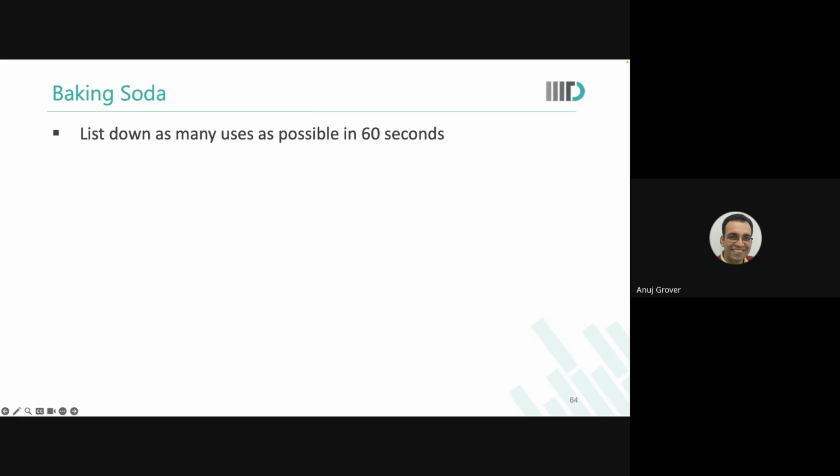Okay. Toothpaste में, उसने बोला दांत साफ करने के लिए. Deodorants. Okay. Fire extinguishers. Very nice. Science experiments. Okay. Batter preparation. Art and craft. Okay. So now you know so many more uses now.